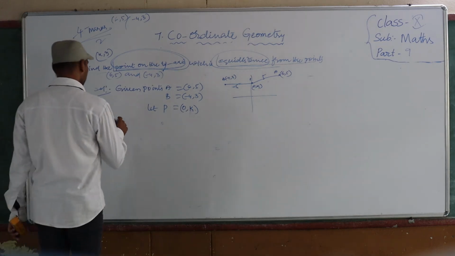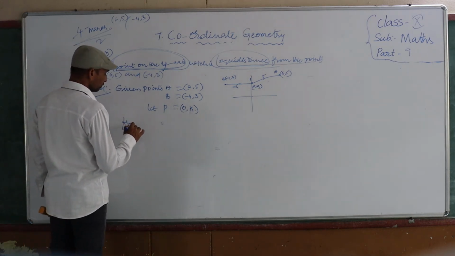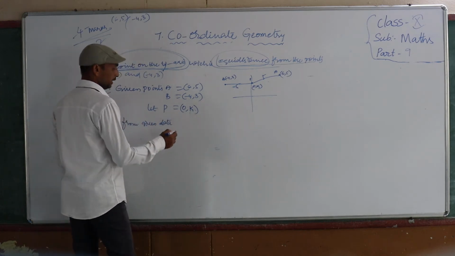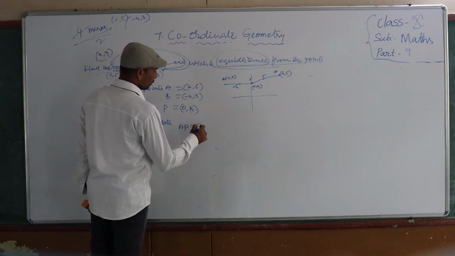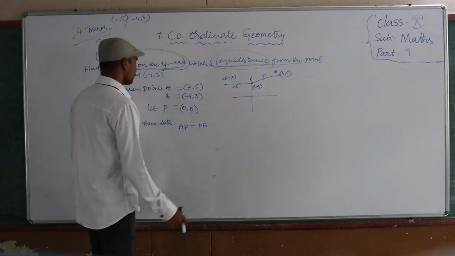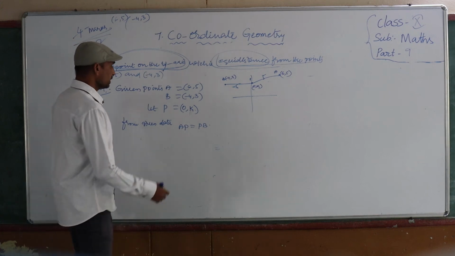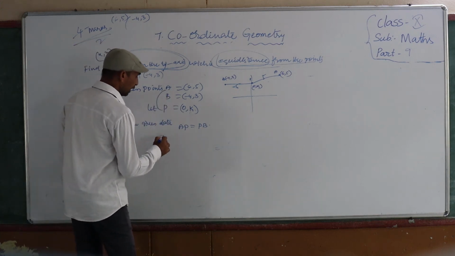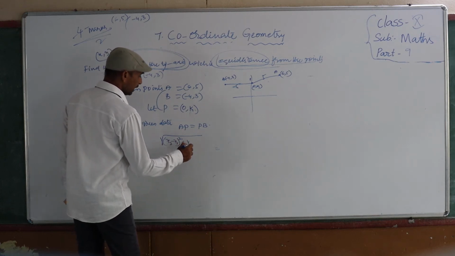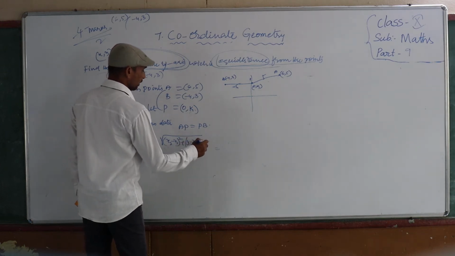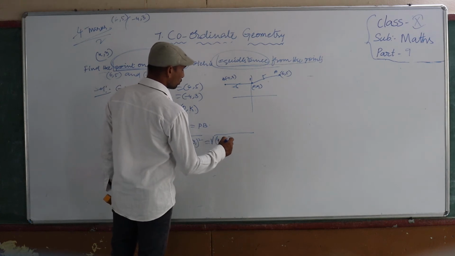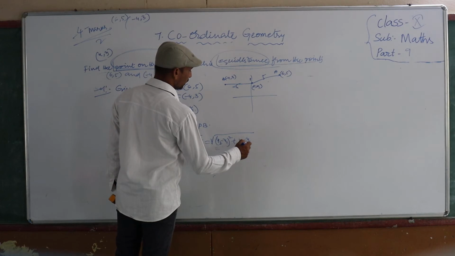So then, according to the given data, from the diagram, AP equals BP. See here, AP: first we should take these two. Same formula, distance: square root of (x2 minus x1) whole square plus (y2 minus y1) whole square.